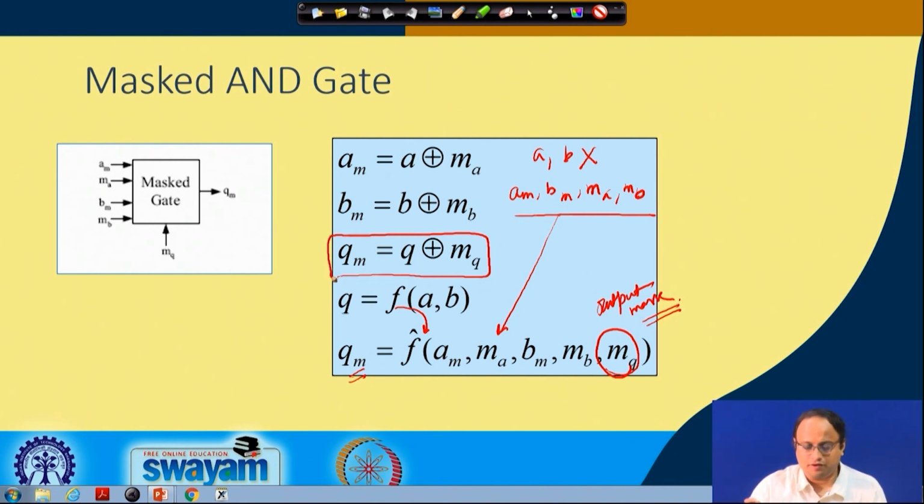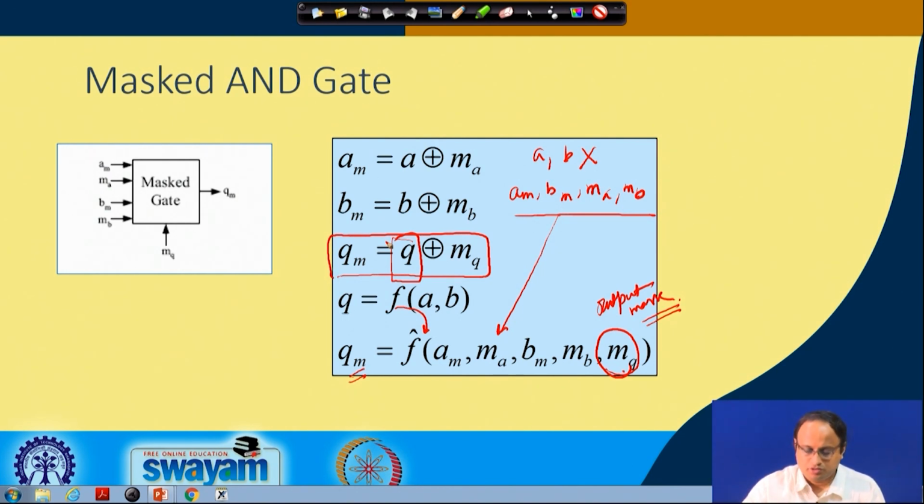If I take QM and combine it with MQ, then again this data gets exposed, which is not desirable. So, in the subsequent circuit I should again have a masked gate, which will process on MQ and QM but will not combine them. Therefore, in no case should the masked data and the mask combine, so the entire thing should be processed in an independent manner or through independent circuits.